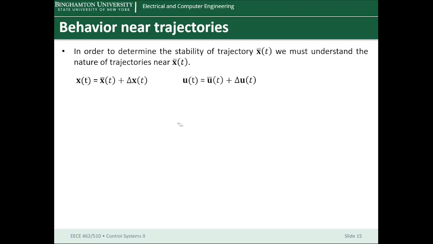And similarly, we can divide our control into two signals, u bar and delta u of t. Here, delta x and delta u are perturbations from the nominal state and input.